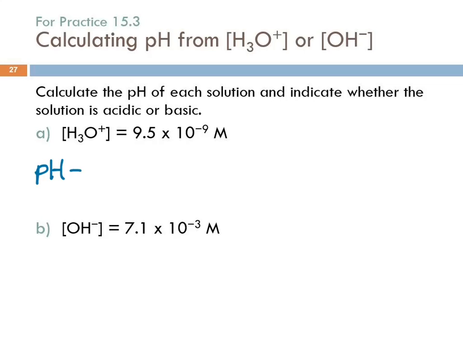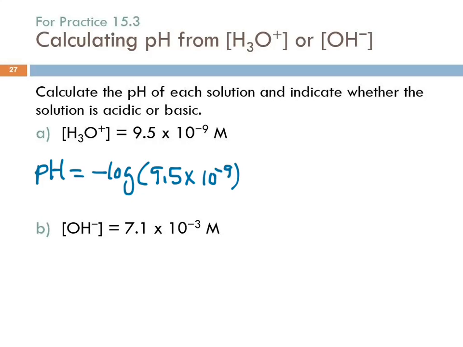pH equals the negative log of 9.5 times 10 to the minus 9. Well, I did something wrong. Oh, I accidentally did natural log because this calculator is weird.